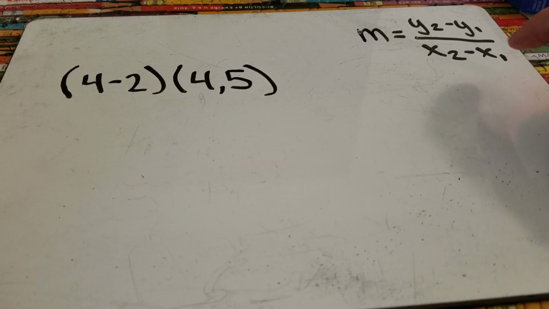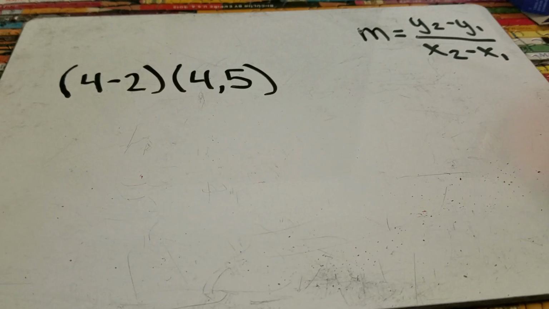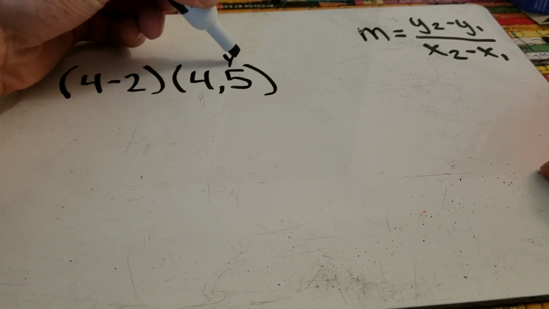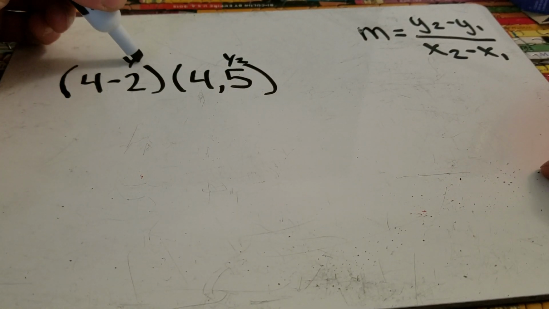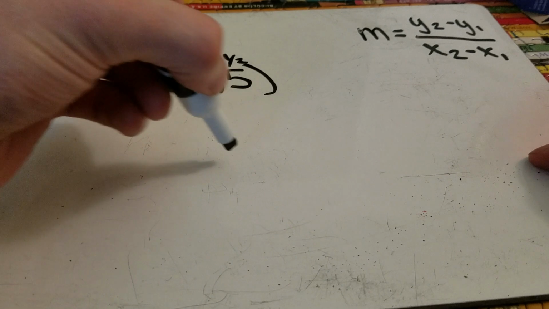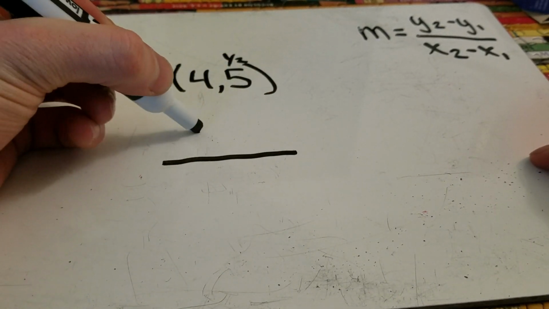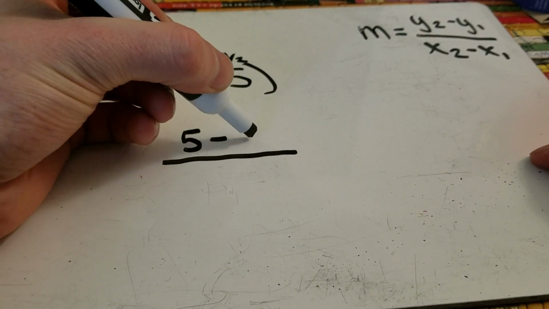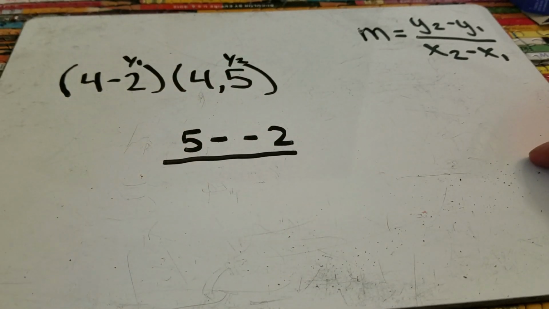Okay, so I have my formula up top here again. I have my 2 points, so the question is, if there was a line connecting these 2 points, what would be the slope of that line? So I'm going to do my y2 minus my y1 on top of my fraction. In this case it is 5 minus negative 2.